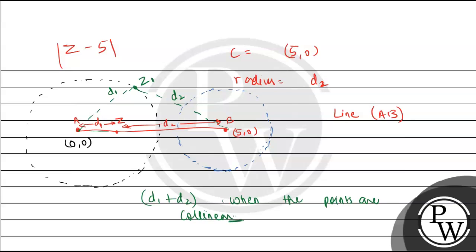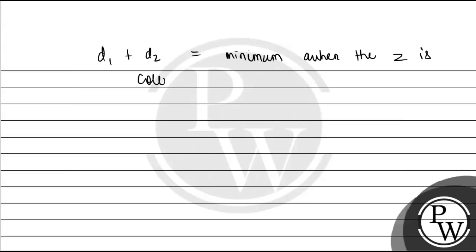With this understanding we can conclude that z will lie on this line AB, which joins 0, 0 and 5 comma 0. Obviously it is the x-axis, and if we take z from 0 to 5 on the x-axis, it will always give the minimum value. So d1 plus d2 is minimum only when z is collinear with the centers of the circles. Here we have our centers 0, 0 and 5 comma 0, so my z should lie between them.